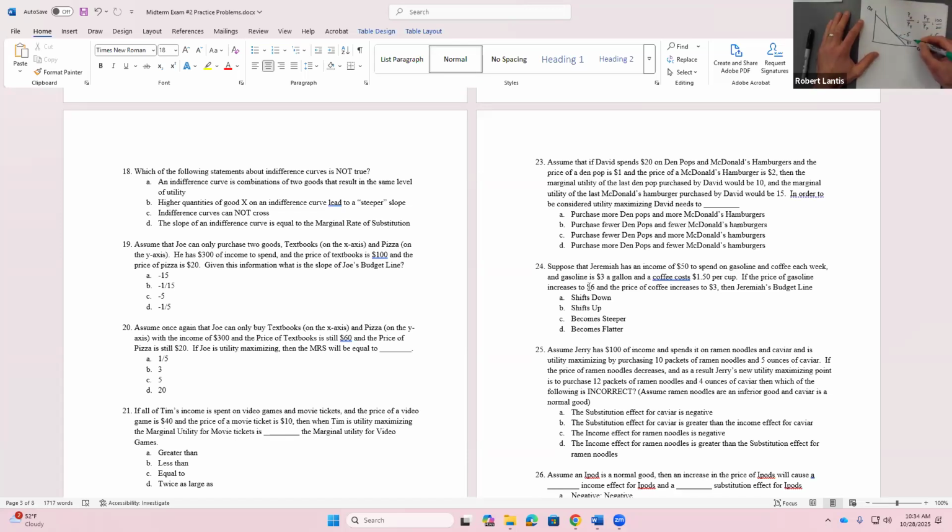So we said when we're spending optimally, if I tell you that this person is maximizing utility, the slope of my budget constraint should be the exact same as the slope of my indifference curve, which is my marginal rate of substitution. Now, typically in a question where I ask you about marginal rate of substitution, I would give you these all as positive amounts because we're typically just looking at the absolute value. So here, if I gave you options, the marginal rate of substitution would be equal to 5, right? Just the absolute value of that slope, right?